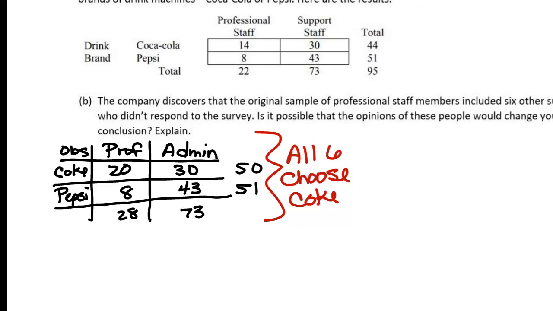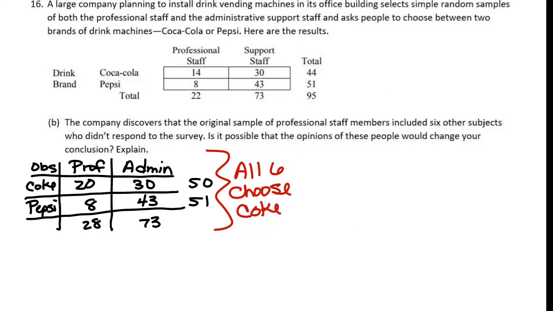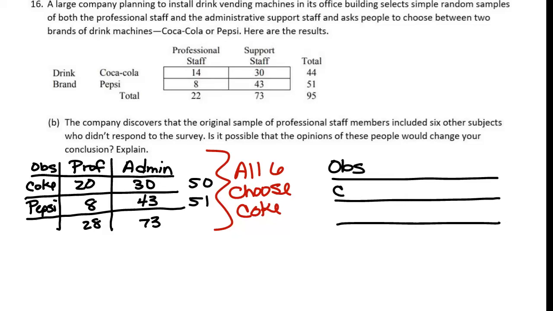Don't have a ton of time left. So the other one that I would do is assuming they all chose Pepsi. If every one of those professional support staff person chose Pepsi, I would have 14 here and 14 here.